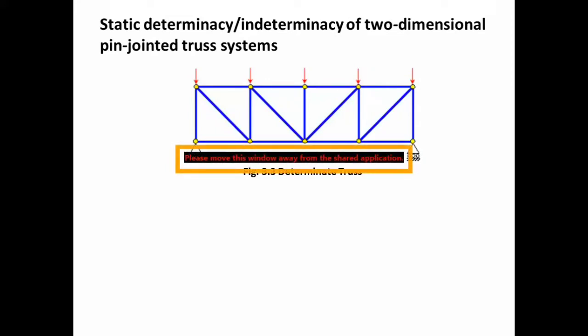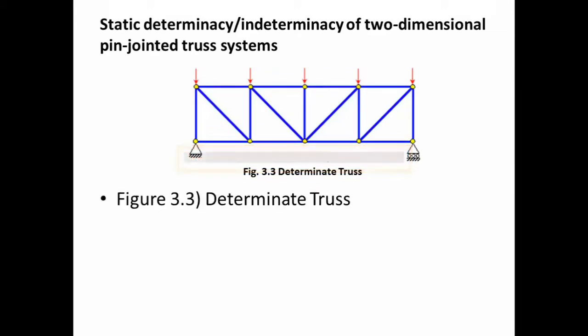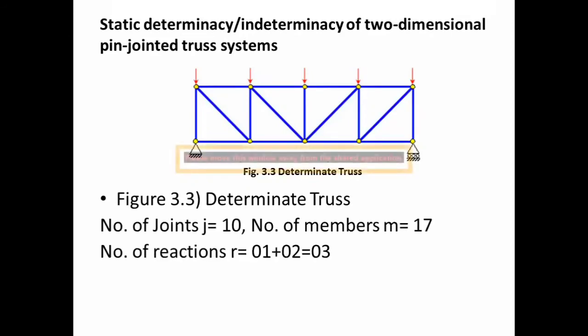J is the number of joints. How many joints? 10. So 20 minus 20 you will get 0. So is it indeterminate or determinate? Determinate. Okay, so this is the answer.